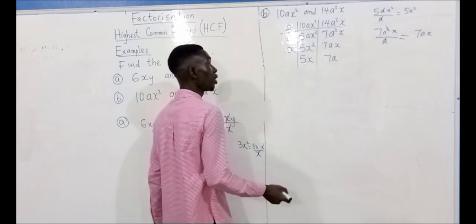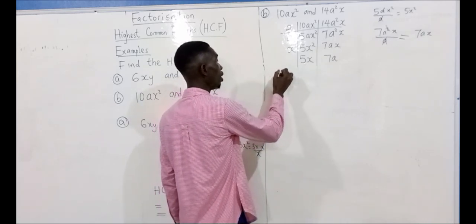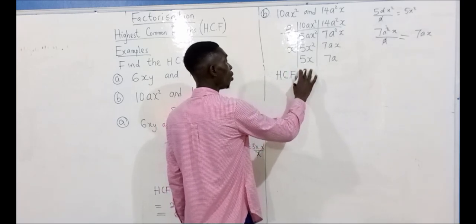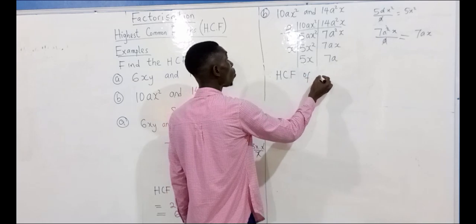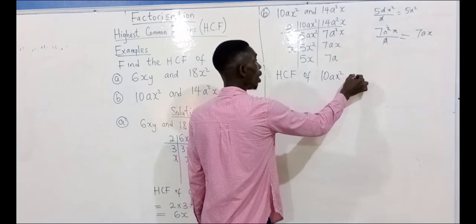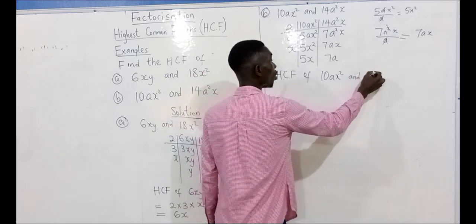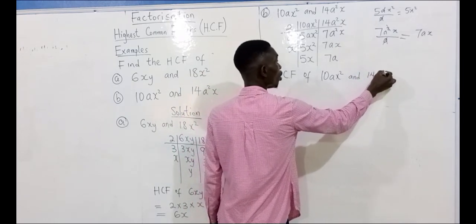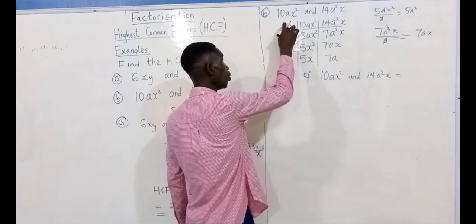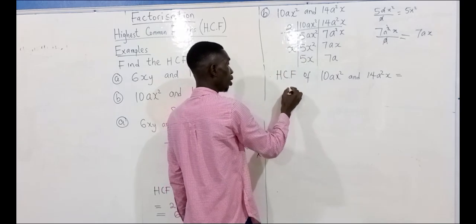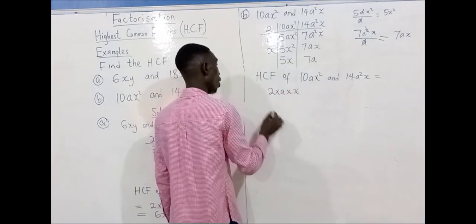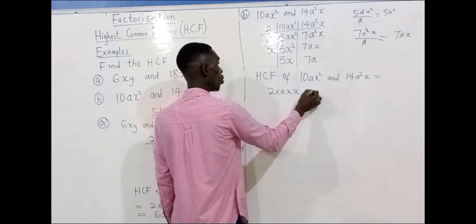So we conclude by saying that the H.C.F, that is the highest common factor of 10ax squared and 14a squared x is equal to 2 times a times x.